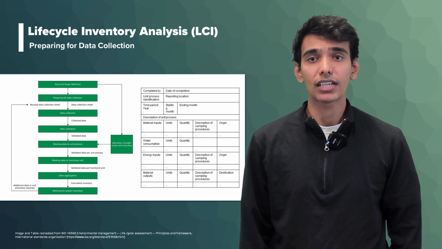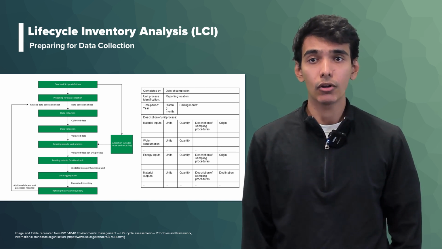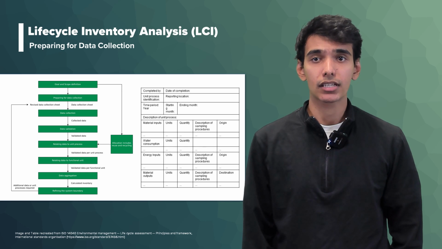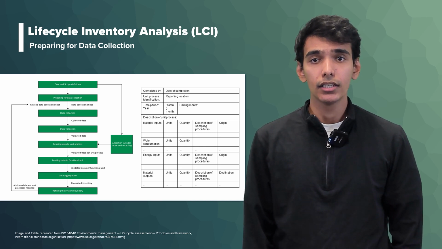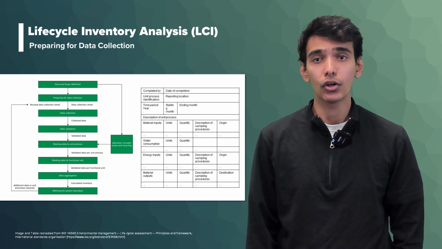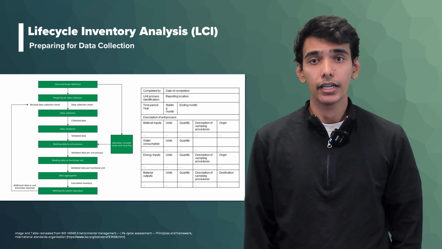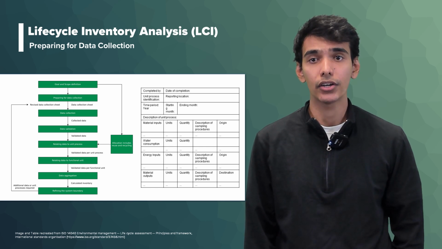You also keep a record of the methodology you're using to collect this data, and also the origin of where this data is coming from and where your flow is coming from. Similarly, you also have your material output, so everything that is coming out of this unit process, with its units, quantity, the description of how you're collecting this data, and also the destination of this material output.